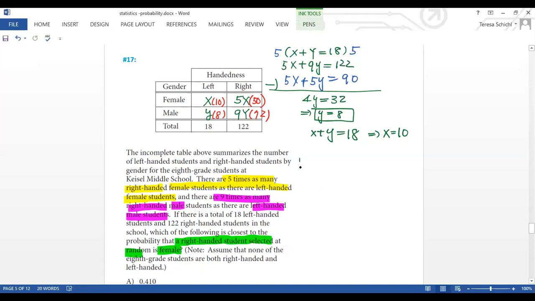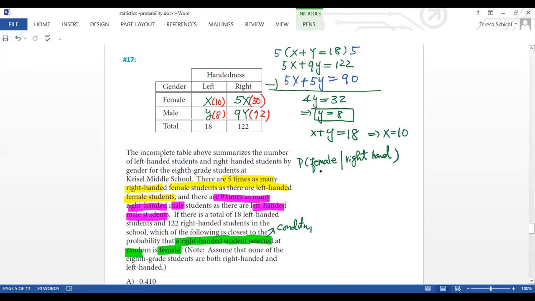So I'm looking for the probability this is a female, given that it's right-handed. So that means this happened first. This is a condition. I select a person who is right-handed, so if this is right-handed, then what is the female?